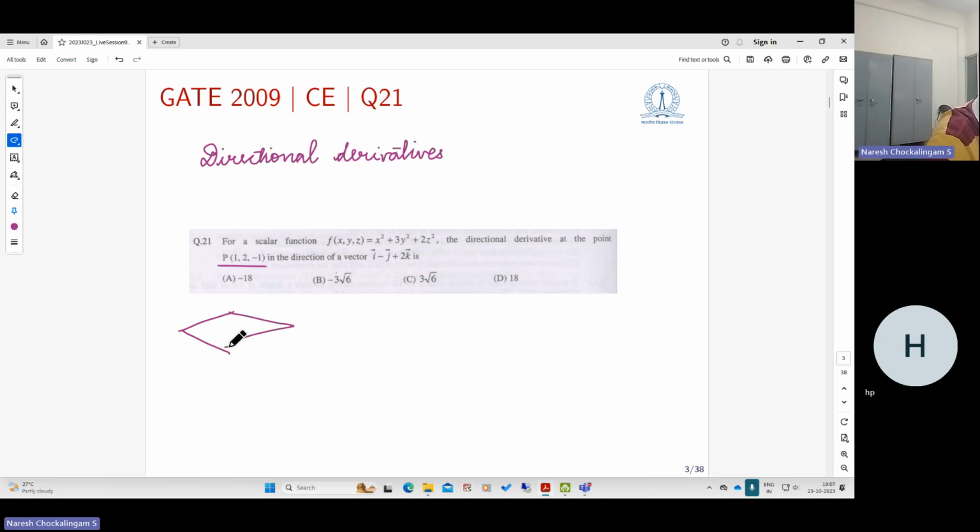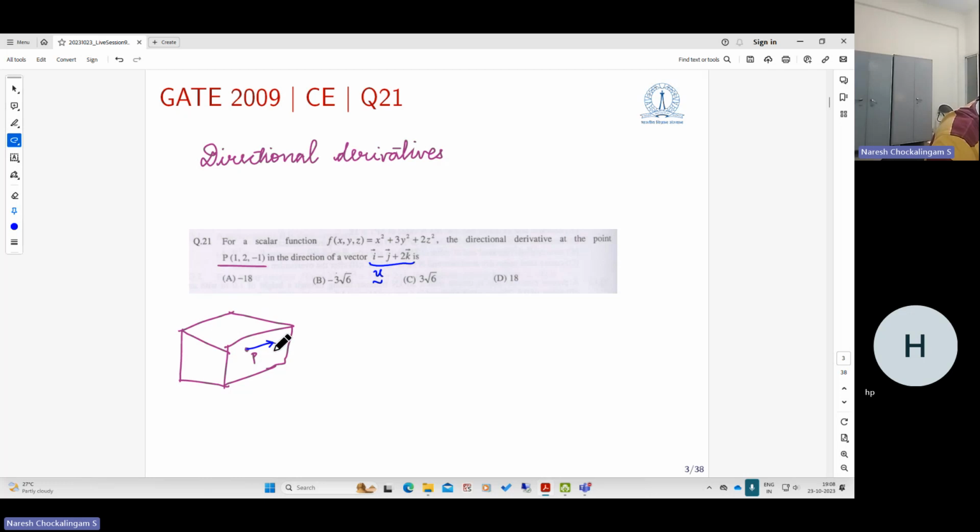Suppose this is the domain. For this problem the domain is not important, but suppose this is where the function f of x comma y comma z is defined, and this point P lies inside this cuboid. At the point P, they're asking for the directional derivative. Basically, you take a small vector in the direction. This is an exaggerated view. Let us call this vector u.